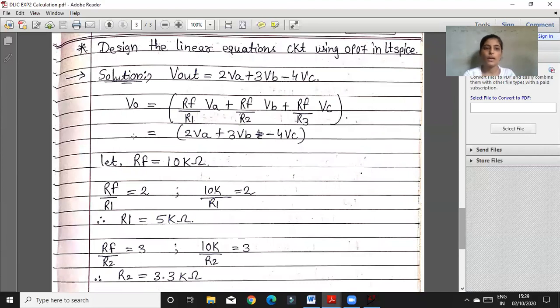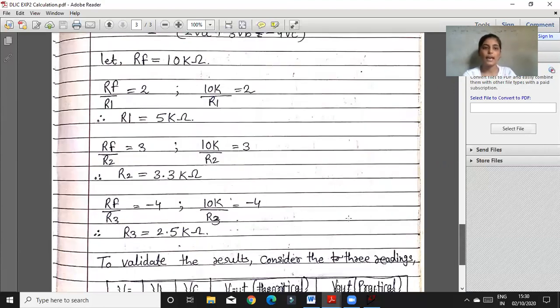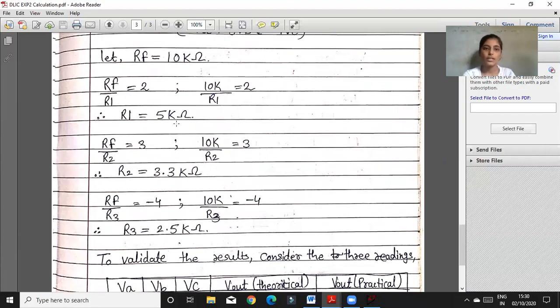My V out equation is RF by R1 into VA plus RF by R2 into VB plus RF by R3 into VC. So my V out is 2 VA plus 3 VB minus 4 VC. I assume RF is equal to 10 kilo ohms, where RF by R1 is 2, so I get R1 as 5 kilo ohms, and like that I get R2 and R3, which are 3.3 kilo ohms and 2.5 kilo ohms.